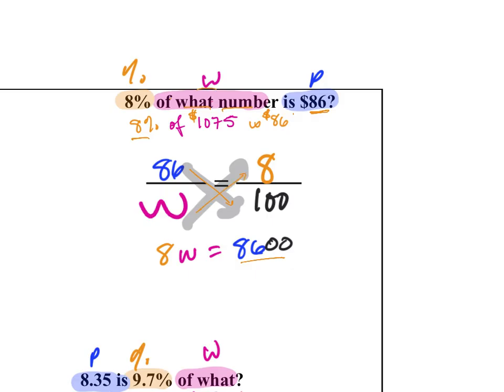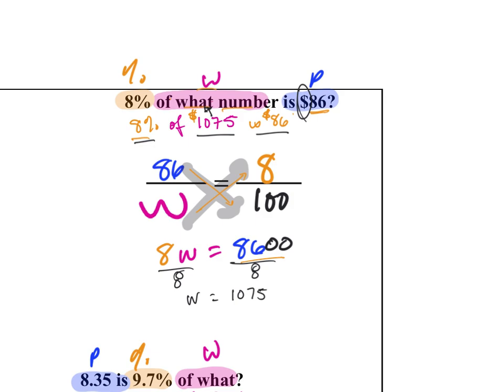That's the cross product equation. 8W equals 8600. Then I'm going to divide both sides by 8. And that means W equals 1075. I look at what I'm talking about, and on the part I'm talking about money. So 8% of $1,075 is $86. Notice all I did was plug this number in.